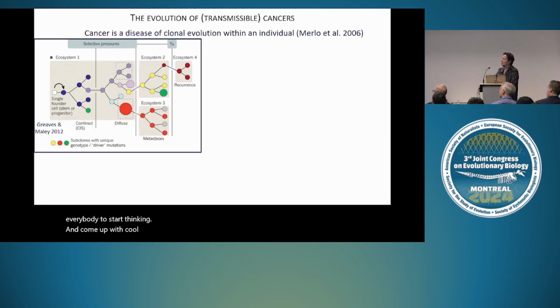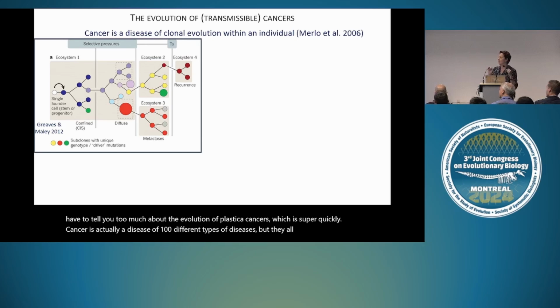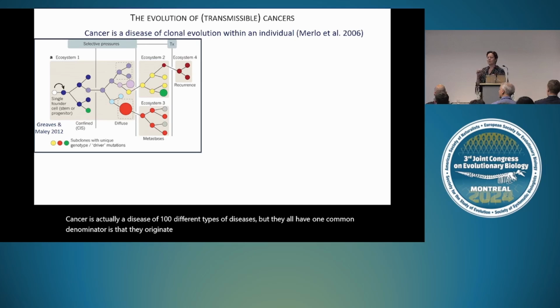Before I can go to transmissible cancers, thanks to Jeff, I don't have to tell you too much about the evolution of classical cancers, but just super quickly, cancer is actually a disease of 100 different types of diseases, but they all have one common denominator, that they originate from one cell, which goes rogue, starts proliferating without control, and starts invading other tissues.